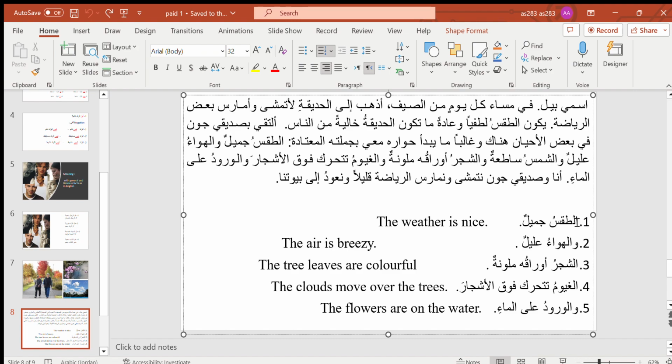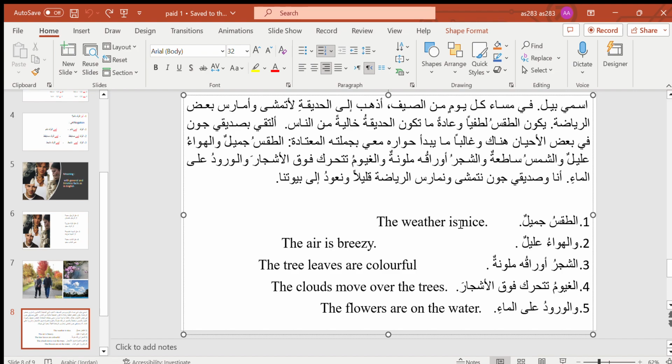Okay, and this is the situation available in English when we recognize sentences like the weather is nice, the air is breezy. Actually, in English, we usually, or we always start with the subject. The weather, the air, as we have it here in English. الطقس, الهواء.